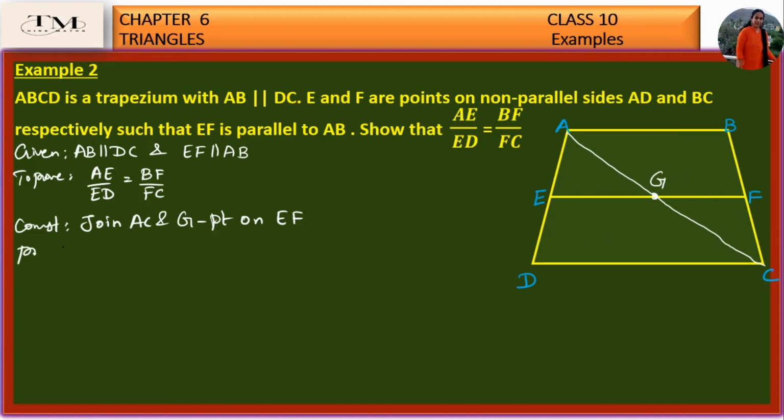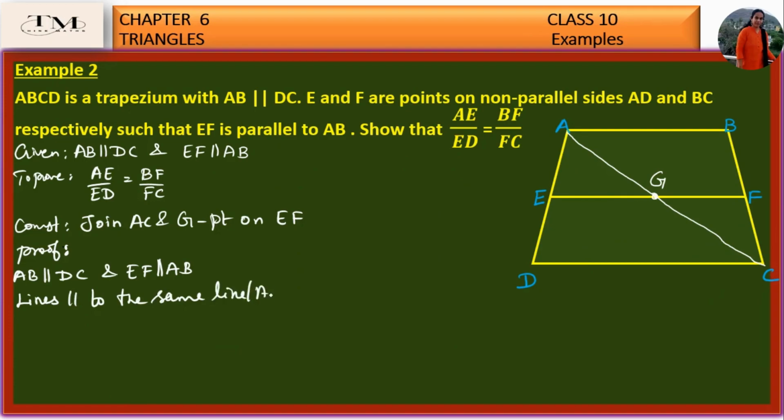So now we have to prove. What is given? AB is parallel to DC and EF is parallel to AB. So EF is parallel to AB and DC is also parallel to AB. So we have lines parallel to the same line. Who is the same line here? AB. So which lines are parallel? DC and EF.